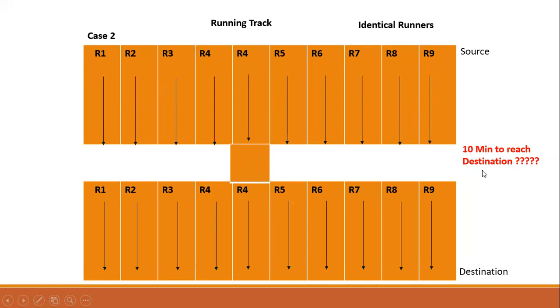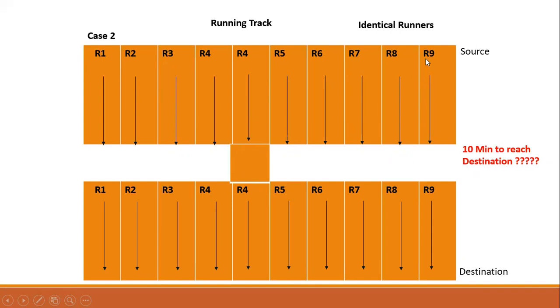No, absolutely not. Once they reach this point, since it has to be sequential, all the other runners should wait until the runner who reaches first completes running this particular portion. So it cannot be 10 minutes. It should be more than 10 minutes.